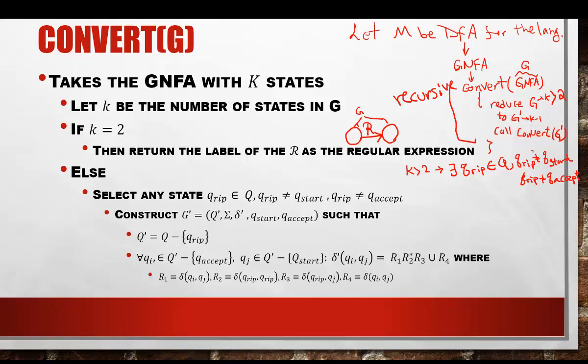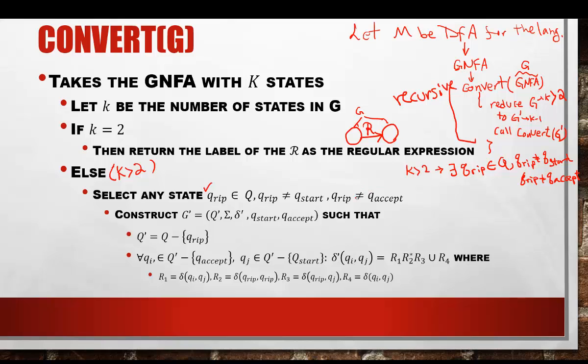Right? If k is greater than 2, the minimum k is 3. Since you have a start state and an accept state, if k is greater than 2, there is another state there that's neither the accept state nor the start state. So this condition is satisfied: you can find a Q rip that's not the start state or accept state.